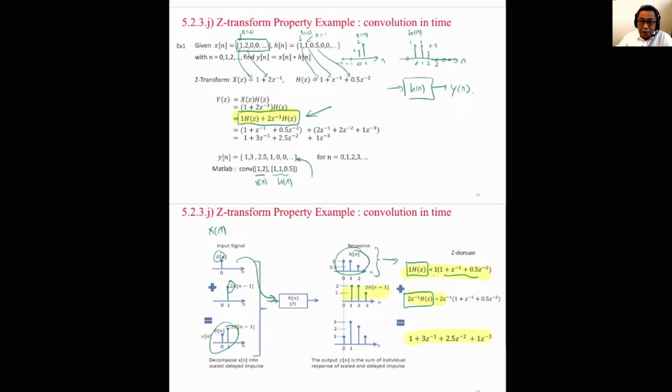The first way is to deal with it in the Z-transform manner using the multiplication property. The second way is to do the convolution in time separately, performing the Z-transform on each separate response and adding them up. This is a very nice diagram to understand convolution. Thank you.